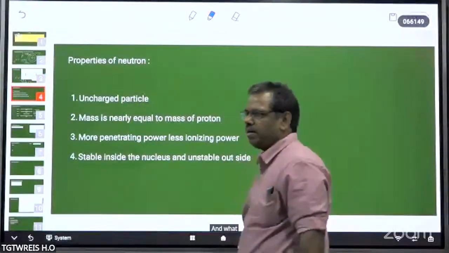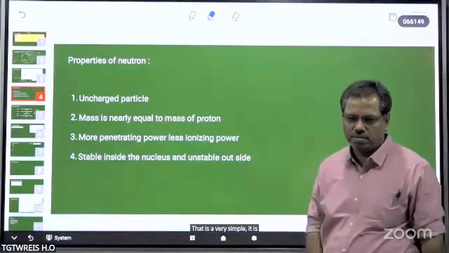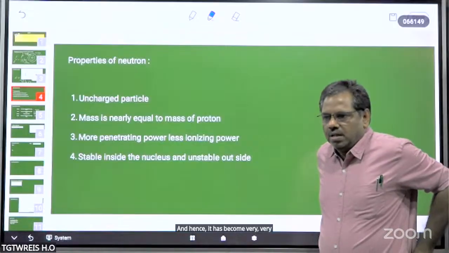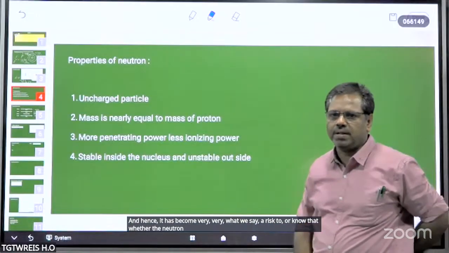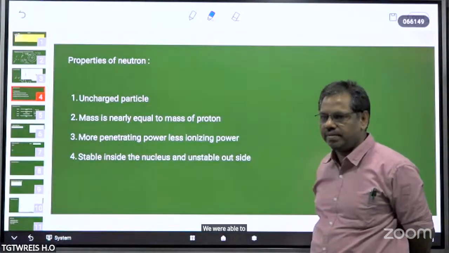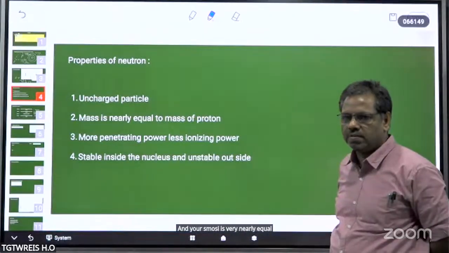And what are the properties of the neutron? That is very simple. It is an uncharged particle, and hence it is very risky to know whether the chargeless neutron is present in the nucleus itself. We are able to detect that very easily, and its mass is very nearly equal to the mass of the proton itself.